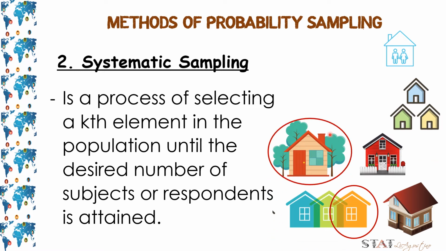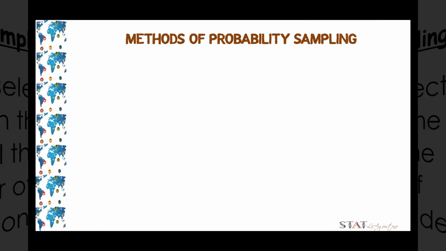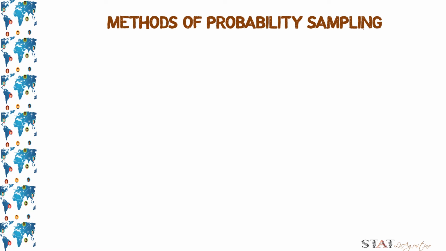Next I will select this house or the family here. And then the third, 1, 2, 3. So I will select this house, and so on. So that's systematic sampling.